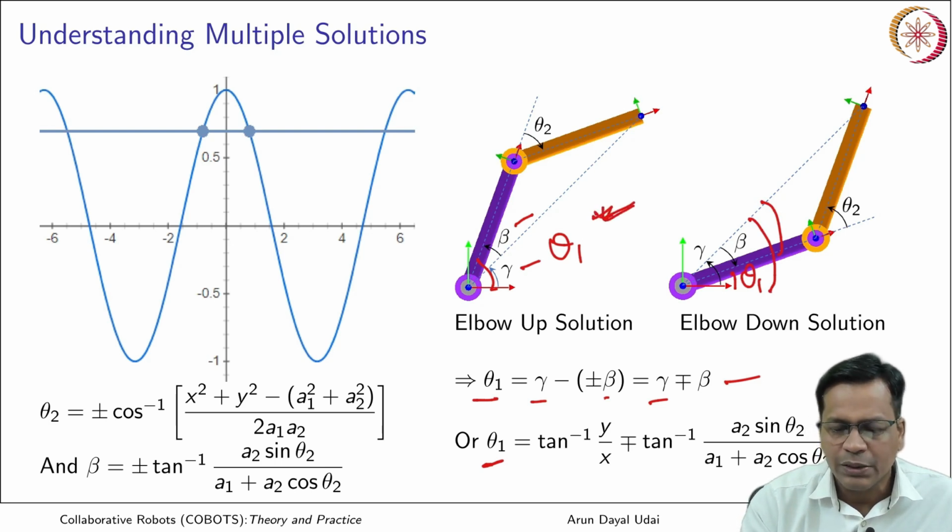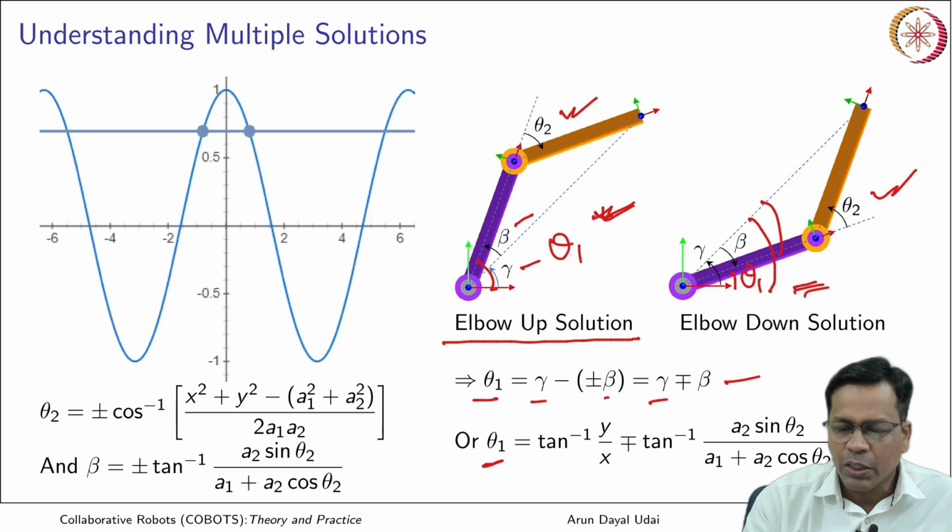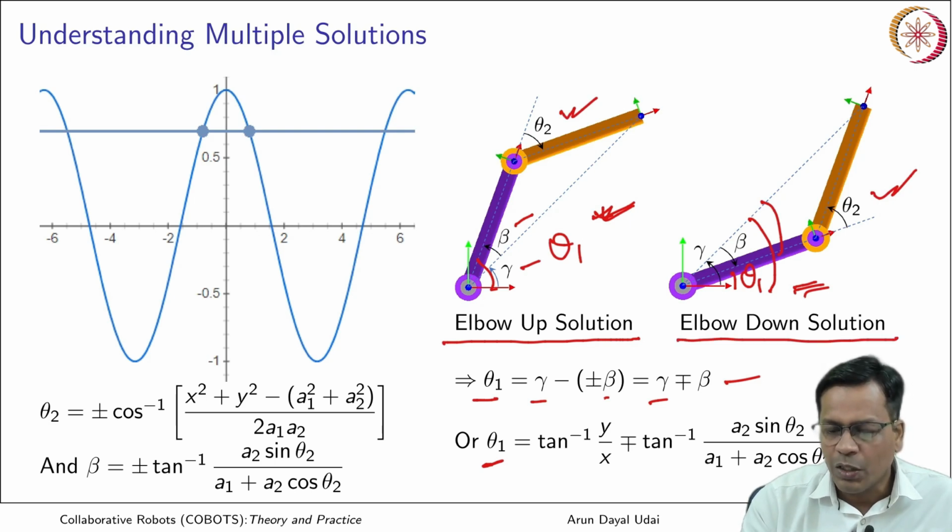Okay, so when theta 1 is like this, the configuration of the robot is like this. So in that case, theta 2 is negative. Okay, so when it is in this position, theta 2 is positive. So one of them is positive, the other one is automatically negative. So in this case, it is known as elbow up solution, and this one is elbow down position.